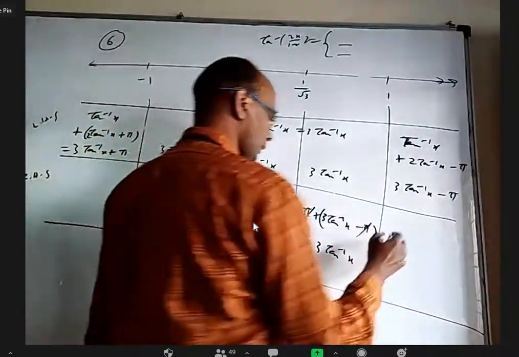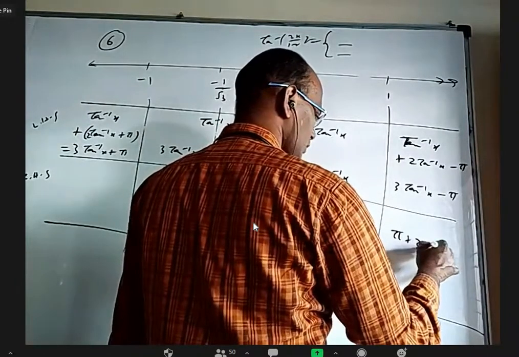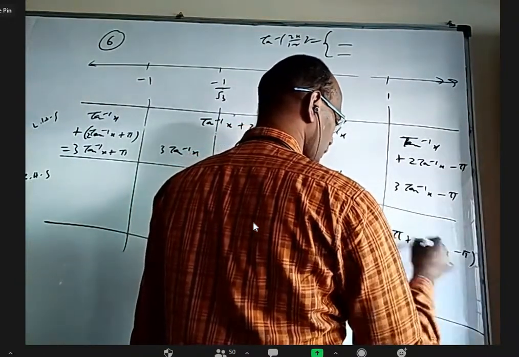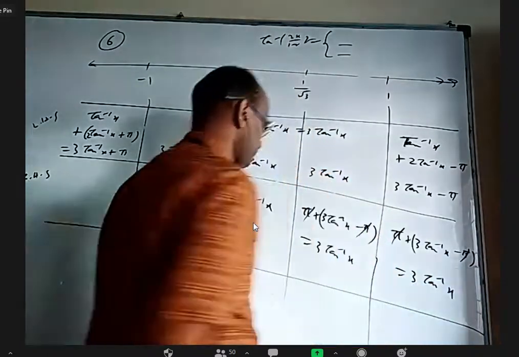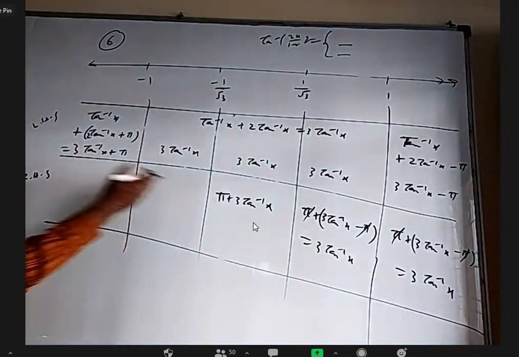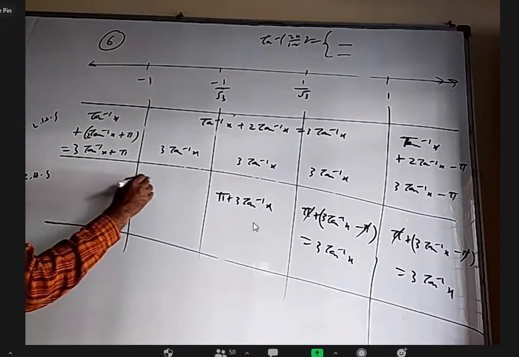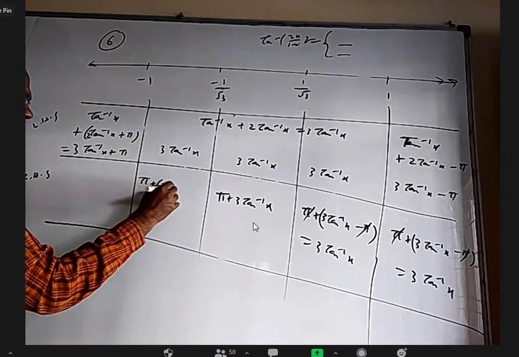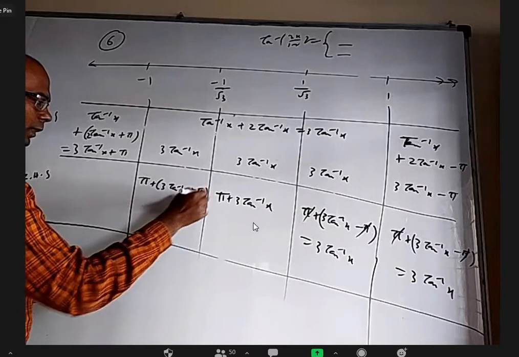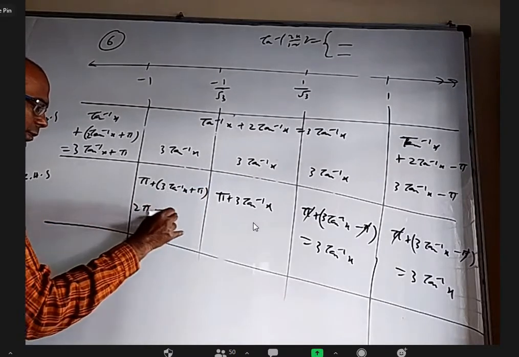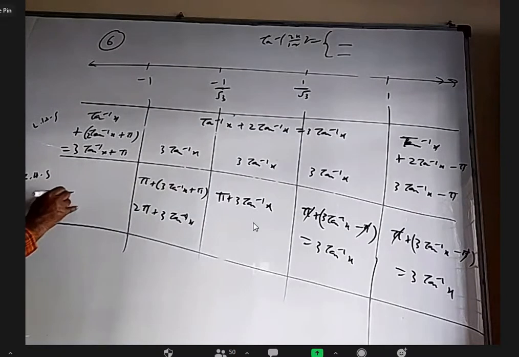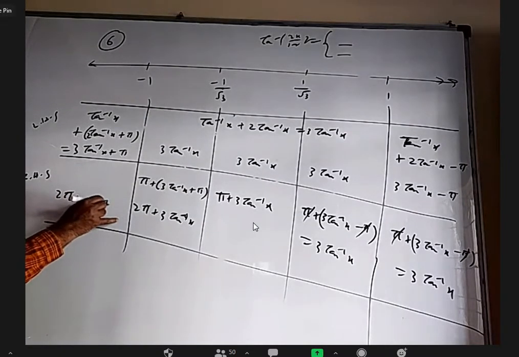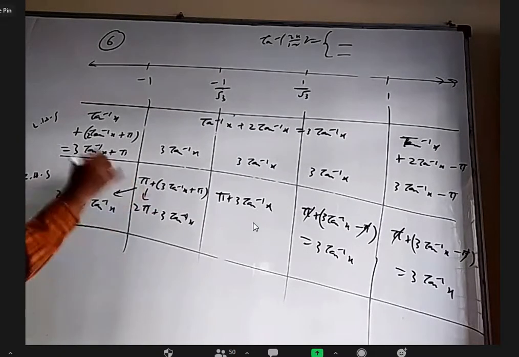Here also same, pi plus 3 tan inverse x minus pi. When you cancel, it will be 3 tan inverse x. Whereas before -1 by root 3, here or here, it is 3 tan inverse x plus pi, which will be 2 pi plus 3 tan inverse x. Here also same, 2 pi plus 3 tan inverse x, both here and here.